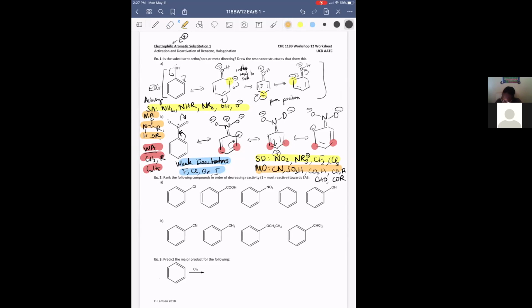So those would be moderately deactivating functional groups, and all of those would be meta-directing, right? So these are our meta-directors. And then for our activating groups, these are our ortho-para directors. So all of these will be our ortho-para directors.